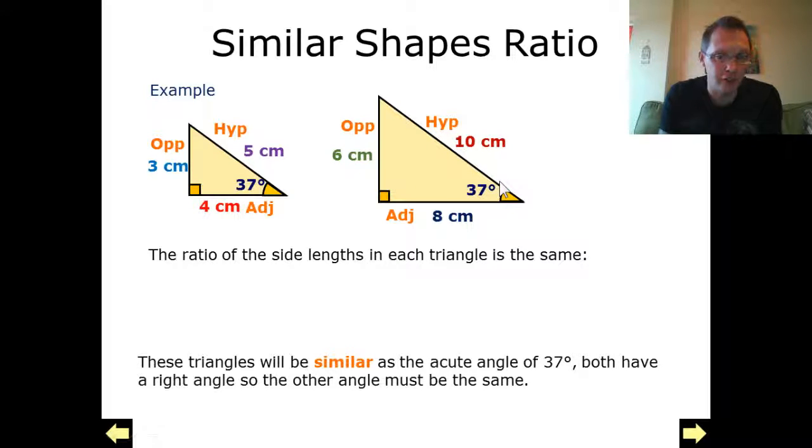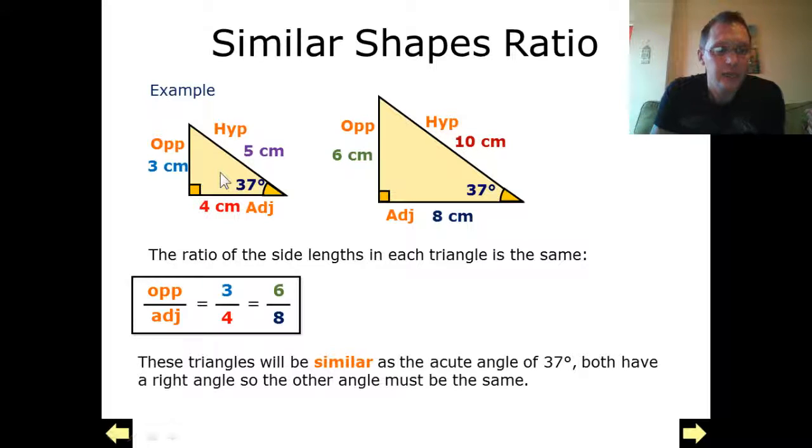Now the ratio of each side, if we were to look at the opposite over the adjacent, 3 divided by 4 is going to equal the exact same as 6 divided by 8. So we've got the exact same ratio between the sides in our original shape and in our enlarged shape.